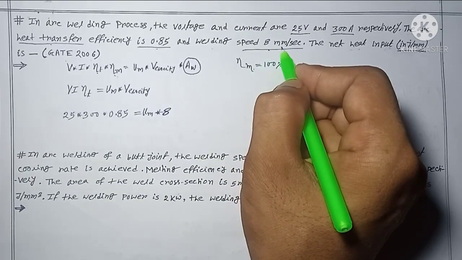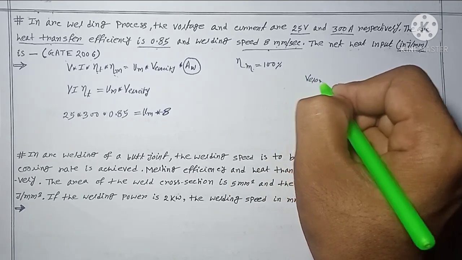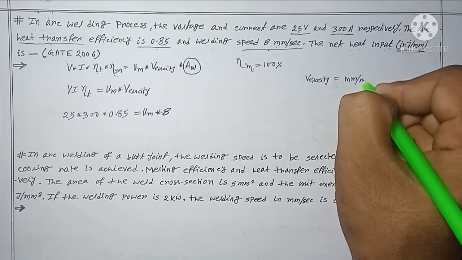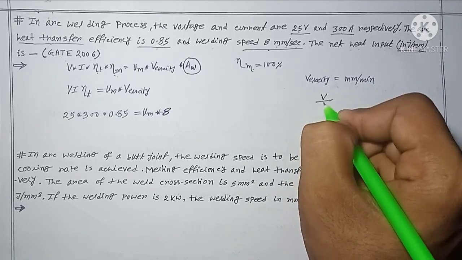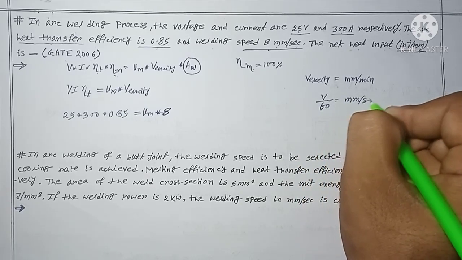The unit of speed is also given in millimeter per second. Suppose velocity is given in millimeter per minute, then we have to divide the velocity by 60 to get it in millimeter per second.